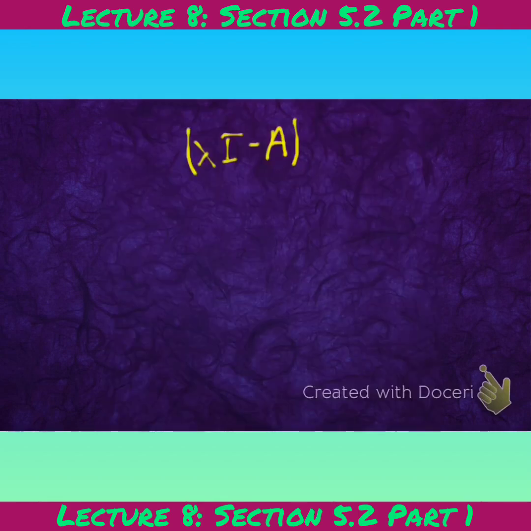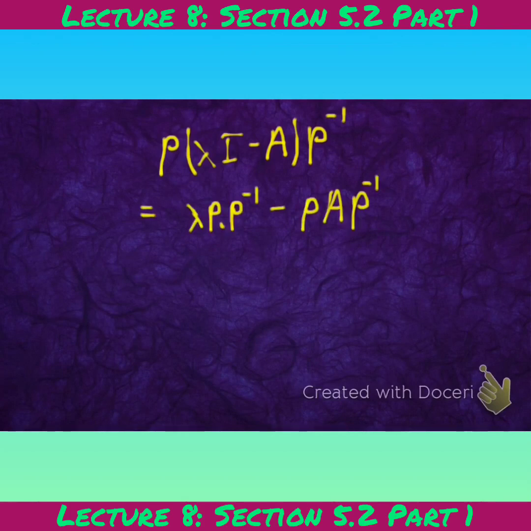If we look at that expression and take the determinant of it, that gives me the characteristic polynomial of the matrix A. So if we multiply on both sides, on the left hand side with P inverse and on the right hand side with P, we get lambda multiplied by the identity matrix minus the matrix B.